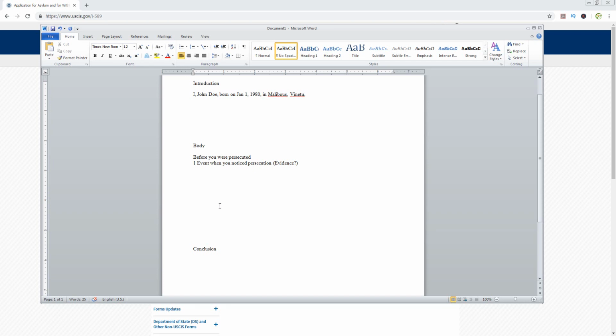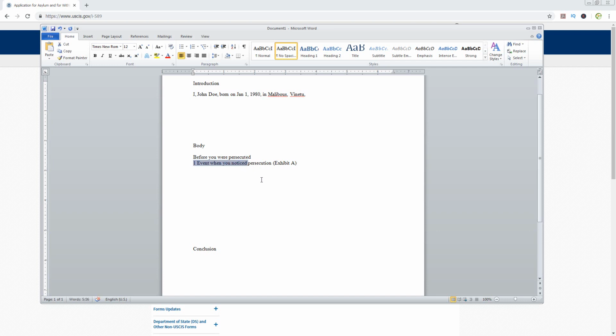So if you do have evidence, not for every event, but for whatever events you're mentioning in the body, you have to specify it here, and it's going to be something like Exhibit A, for example. This is the first event that happened.